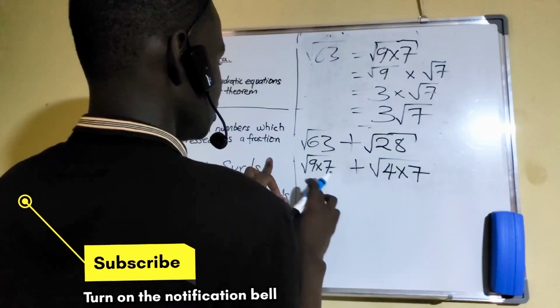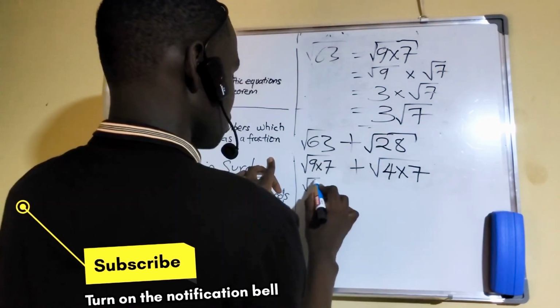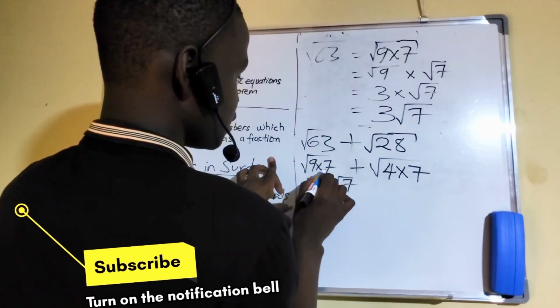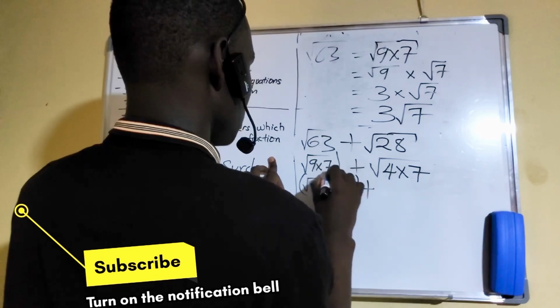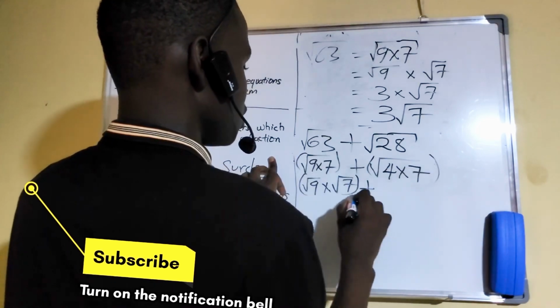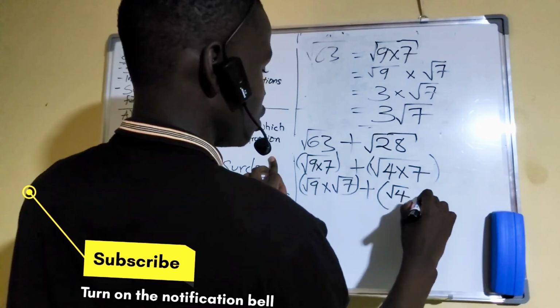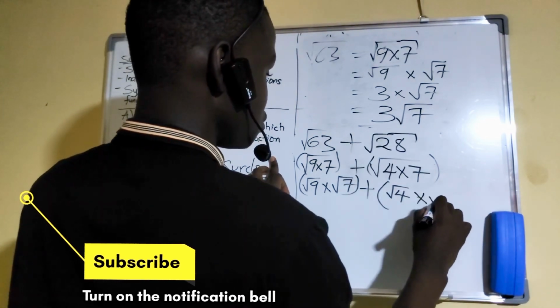Now we've said this gives us this, maybe I can go through it. This is root 9 times root 7. It's the same thing as this up, then plus this root of 4, following the same rules for multiplication, times root of 7.